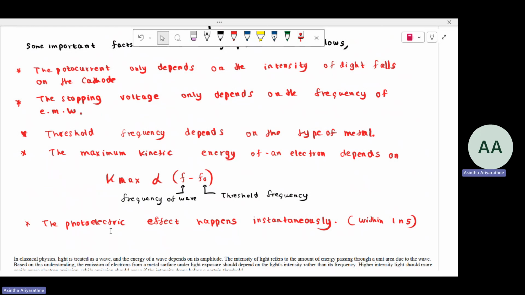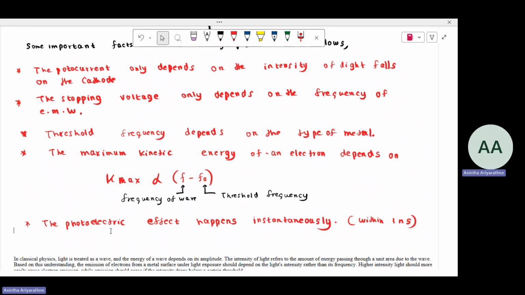To break a bond, a sufficient amount of energy is required, which means the wave should fall on the bond for a sufficient amount of time.